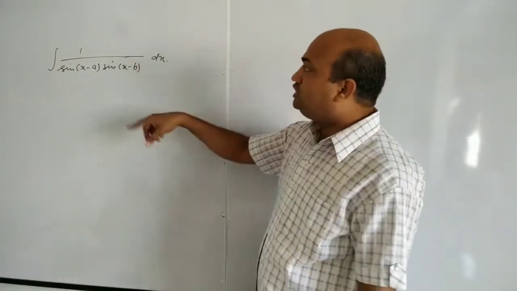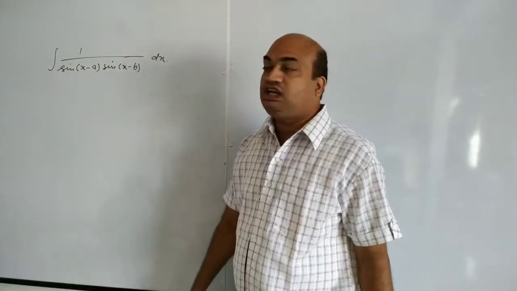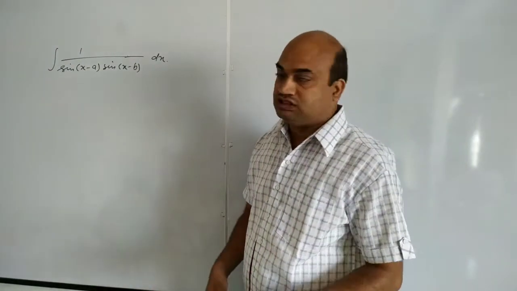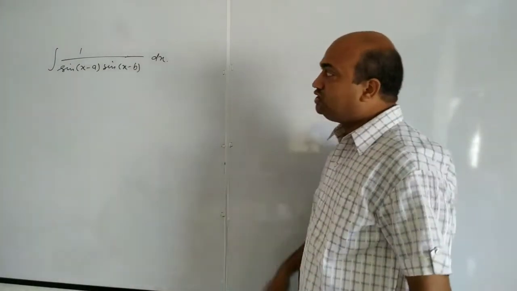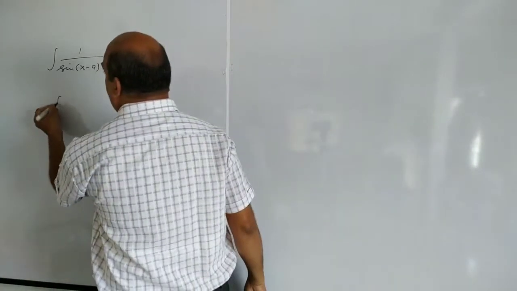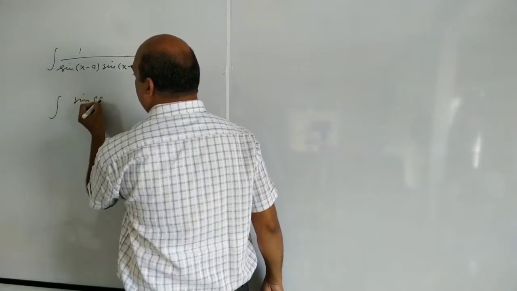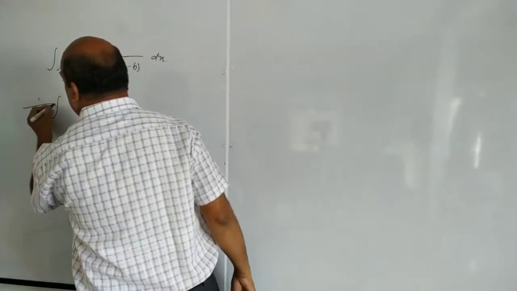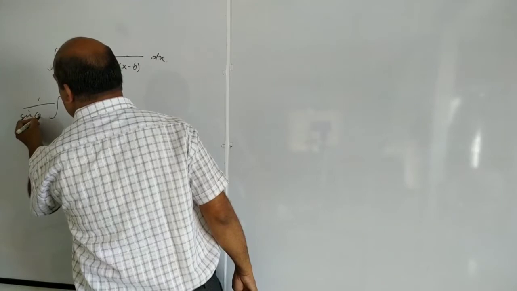Question is integration of 1 upon sin(x minus a) into sin(x minus b) dx. To solve this question, we multiply and divide by sin(a minus b). Multiply by sin(a minus b) and divide by the same.